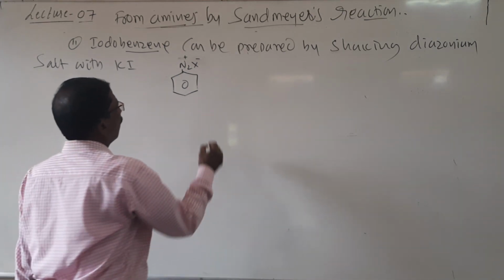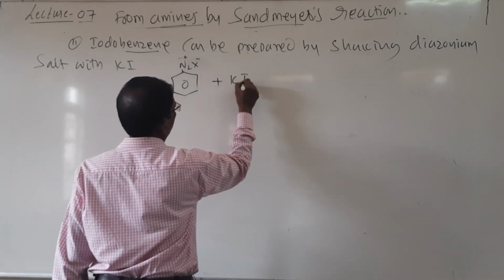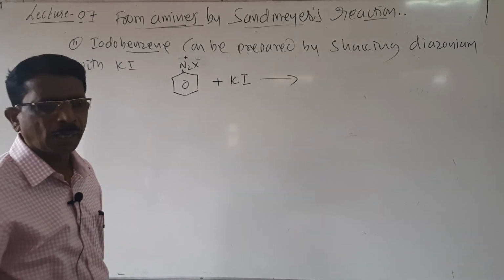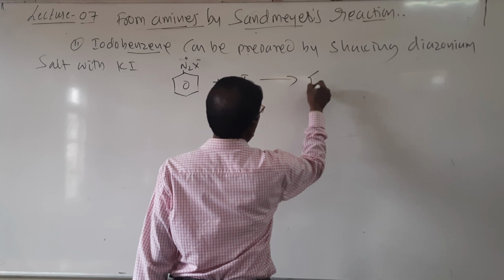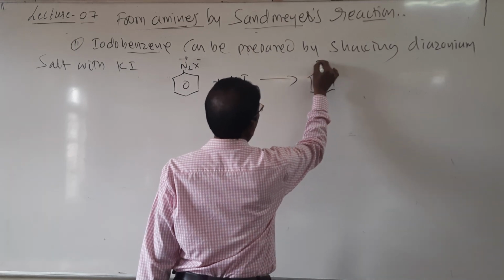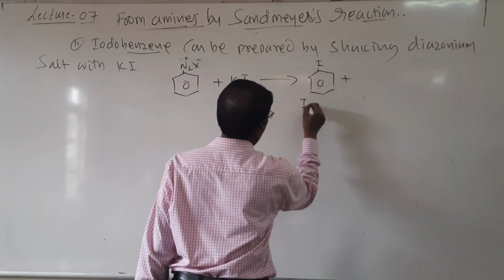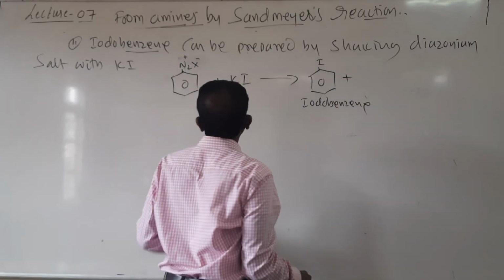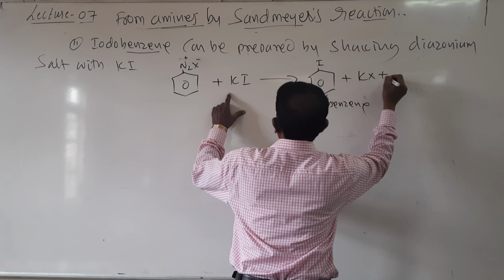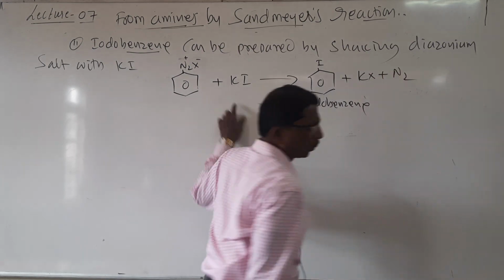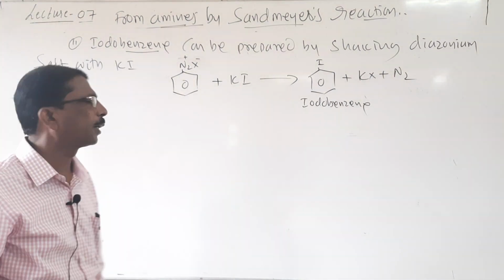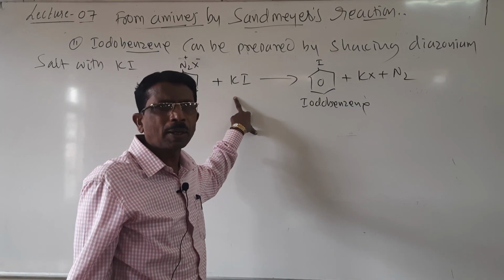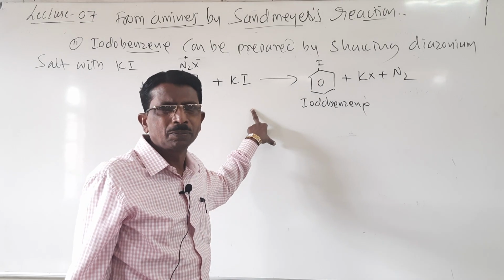When this diazonium salt is shaken well with potassium iodide, look here students, it gives iodobenzene plus KX plus N2. So here it does not require cuprous halide.